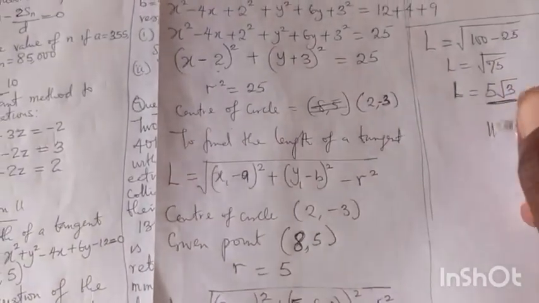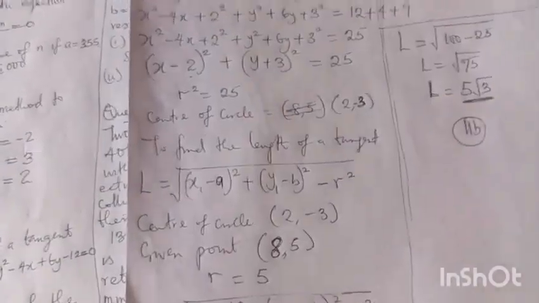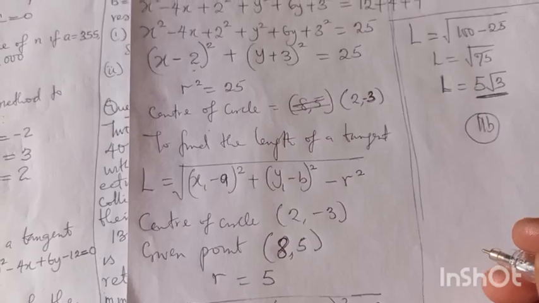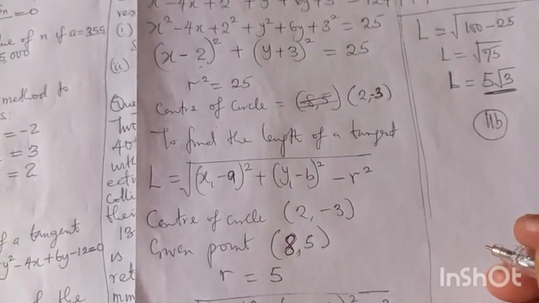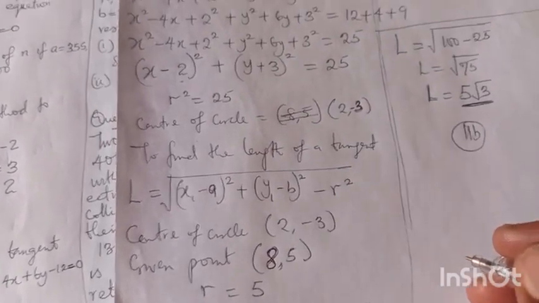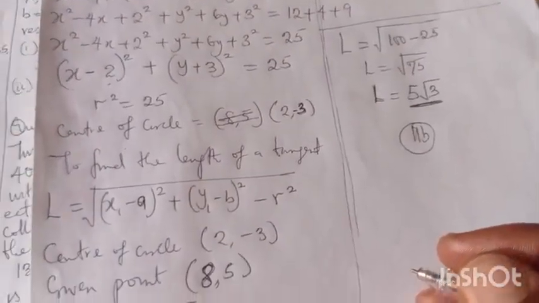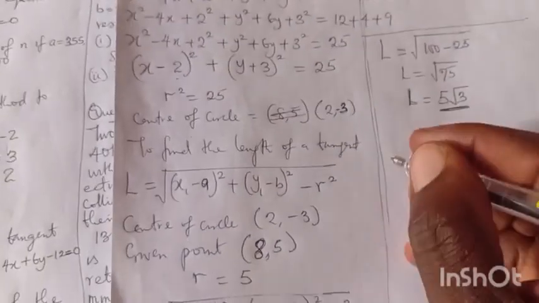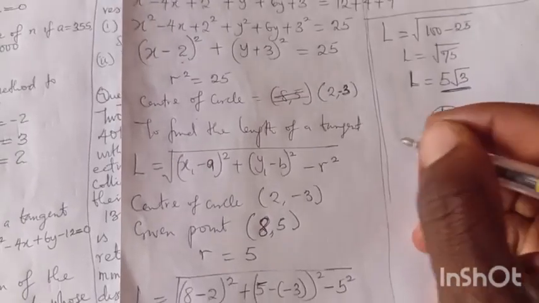11B. We have answered 11A, now 11B. The equation we need is the equation of the circumcircle of the triangle. I repeat again, the equation of the circumcircle of triangle A, B, and C. I should write it like that so that we can know.